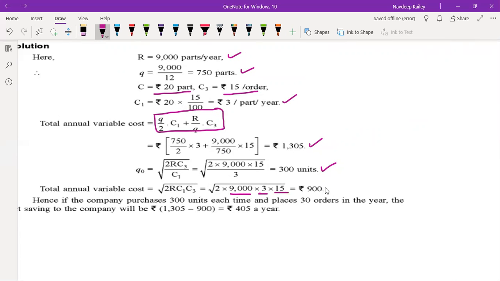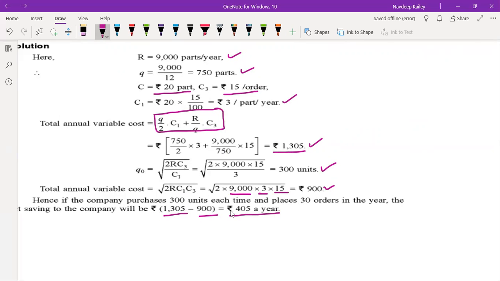After calculation, we will get it as 900. Hence, the net saving to the company will be 1305 minus 900, that is 405 a year.